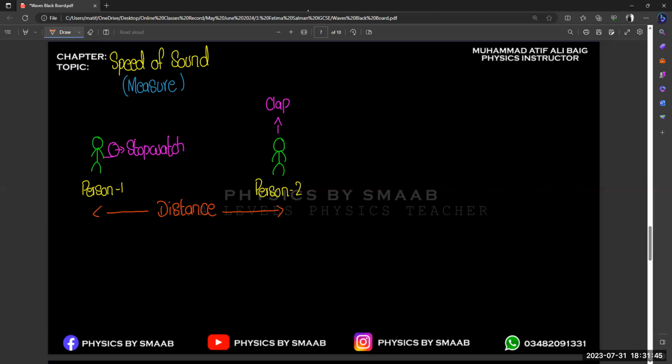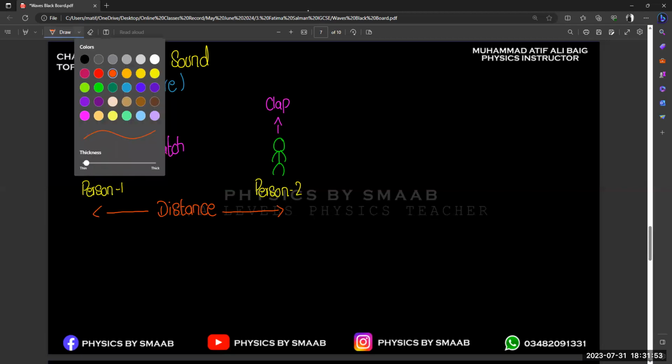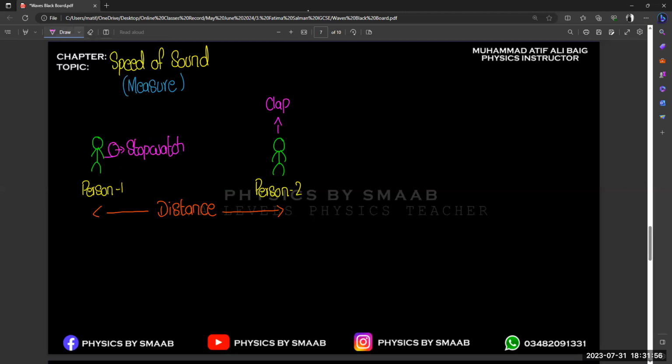How do you measure the distance between two persons? Which instrument are you going to use to measure the distance? Any idea?